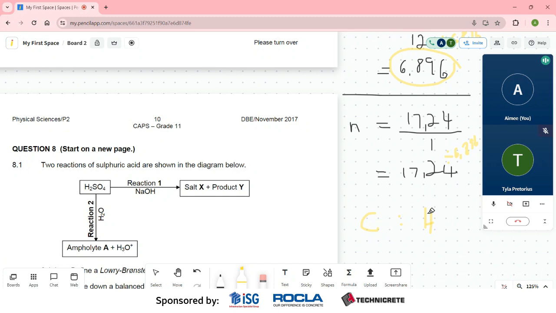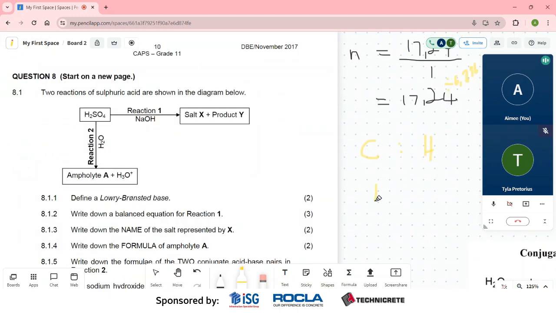What happens when I divide 17.24 by 6.896? I get 2.5. So it's a ratio of 1 to 2.5.